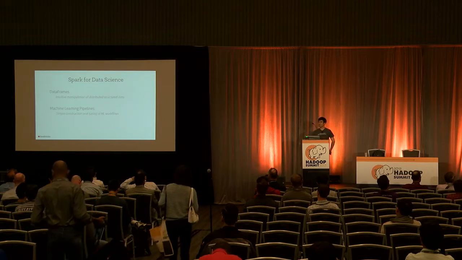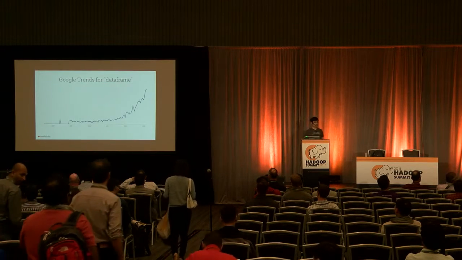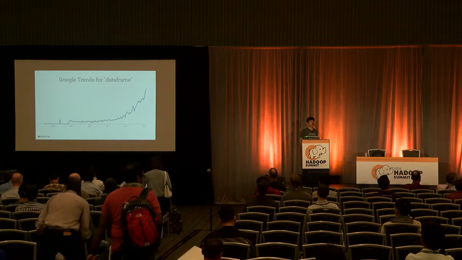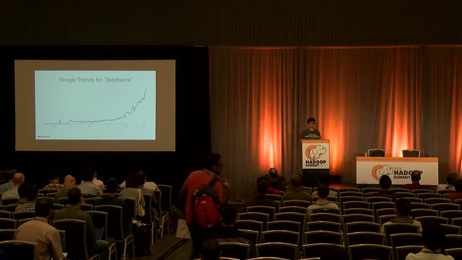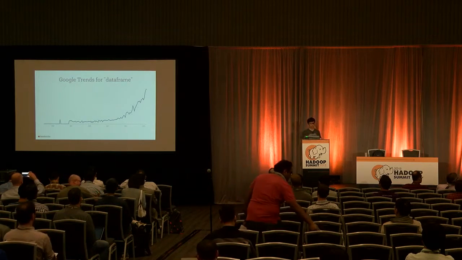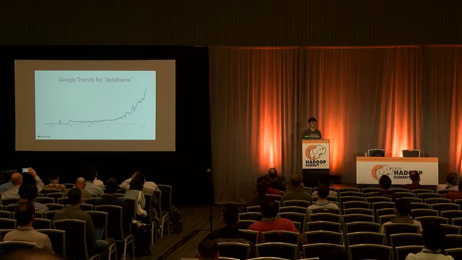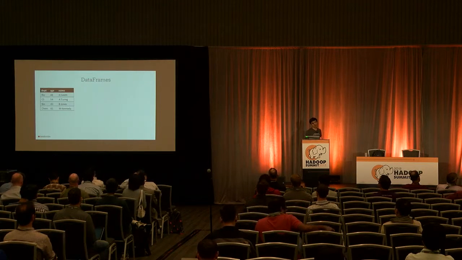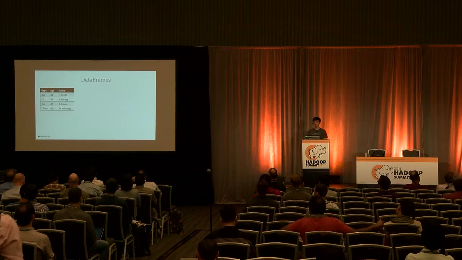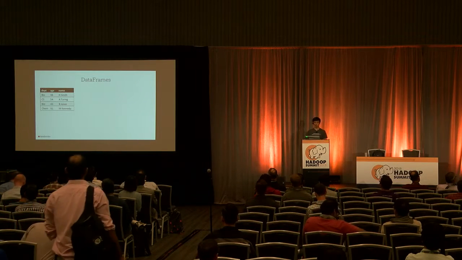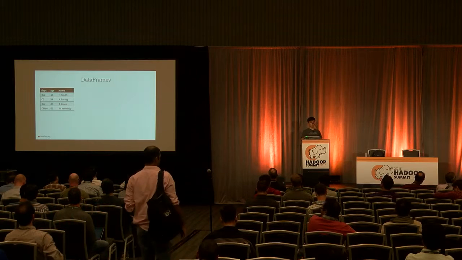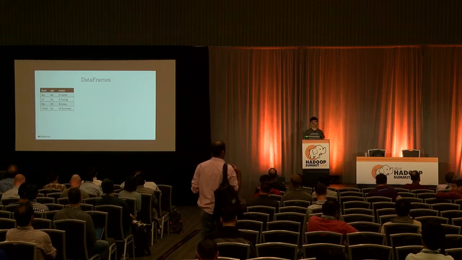Just in case you haven't worked with them yet, if you look at Google Trends, you can see why a lot of people have started using them. This is in the last several years. In the last couple of years in particular, usage has skyrocketed. And this is why. First, it's a simple data representation. Here's a simple data frame. There are 3 columns: department, age, and name.